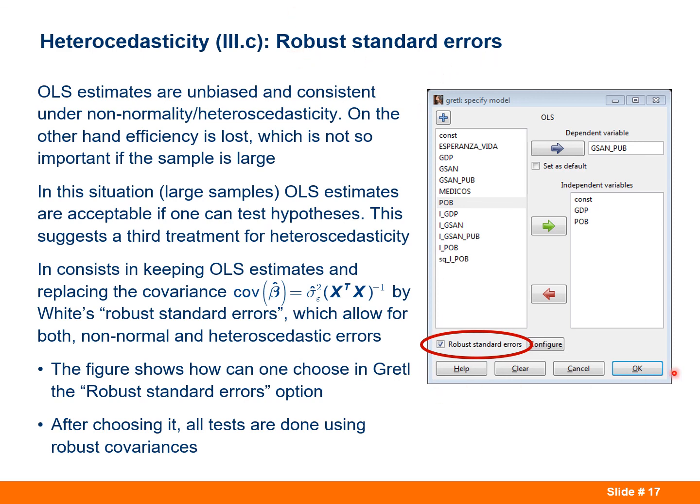Here you have a Gretl window to specify a regression model, and if you click here, what you will do is estimating the OLS estimates for the parameters of the explanatory variables, but you will compute the standard errors in an alternative way. The inference that you will do using these robust standard errors will be valid even if your errors are non-normal or heteroskedastic.